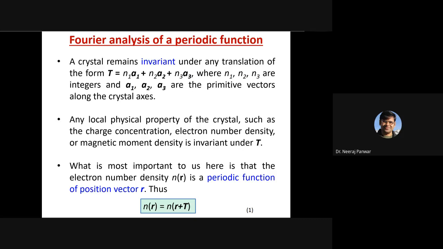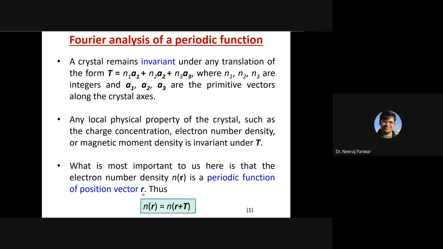This means that they will remain invariant under a translation operation defined by the vector T, equal to n1a1 plus n2a2 plus n3a3, where n1, n2, n3 are integers and a1, a2, a3 are primitive vectors. So what do we mean by translationally invariant?